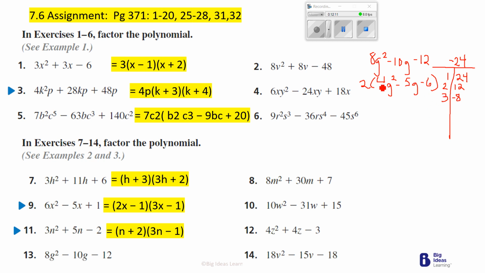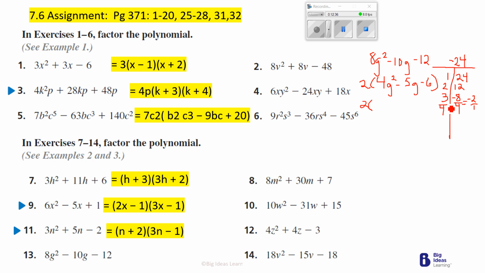Now I've got to remember to divide these by my leading coefficient. That's 4. Negative 8 divided by 4 is negative 2, so that'd be negative 2 over 1. And 3 over 4 is as simple as it gets right there. So let's go ahead and pop these in. We've got the 2 in front.